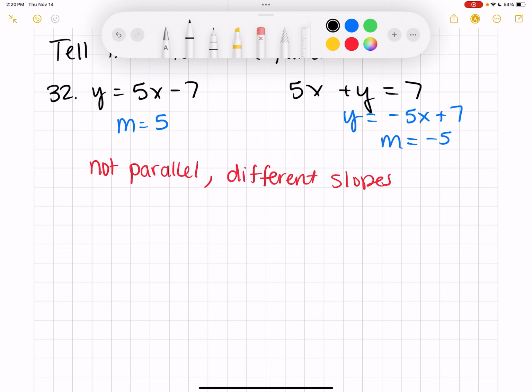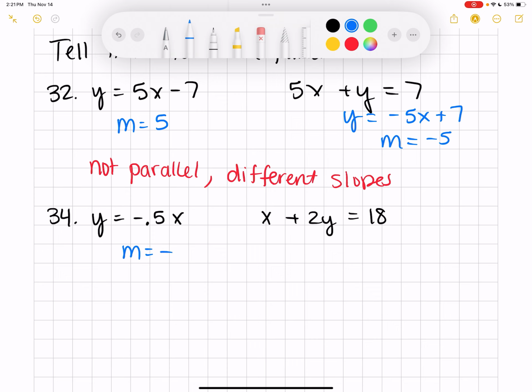All right, one more. 34, y equals negative 0.5x. And then the other line is x plus 2y equals 18. So what is the slope of the first one, because it's already in y equals mx plus b?